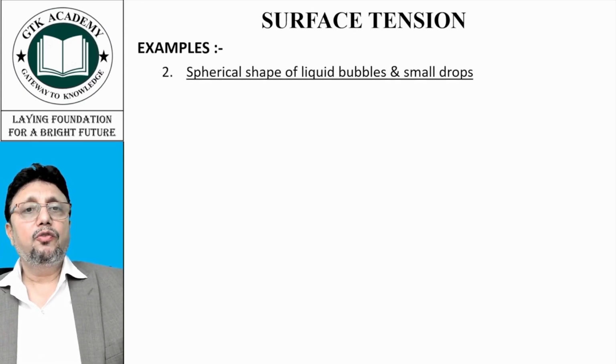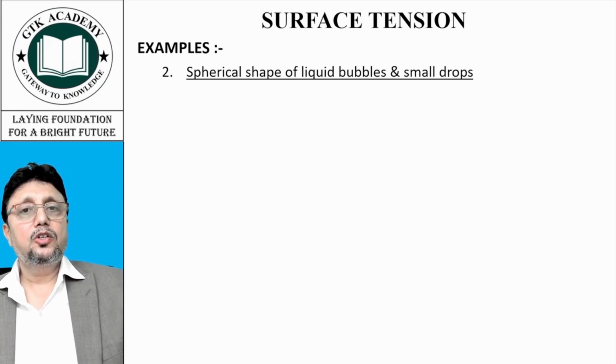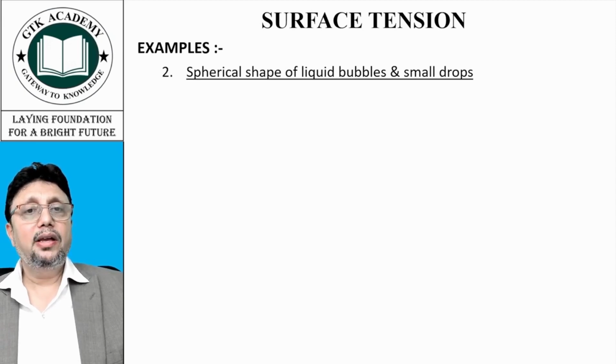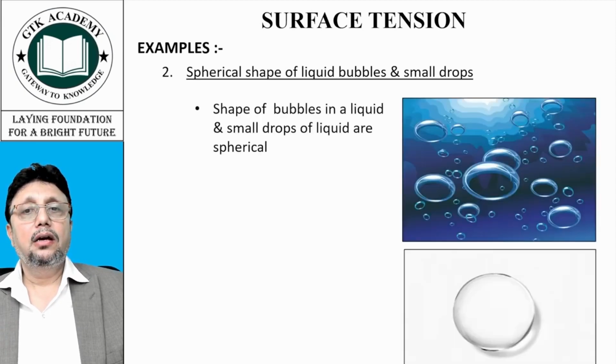You must have noticed that we have spherical shape of liquid bubbles and small drops. Why? You can see the bubbles inside the liquid, they are all spherical in shape. And even if the drop is small, a water drop, that is also spherical. Can you guess the reason? See, here also there is a film because inside is air and there is a film interface.